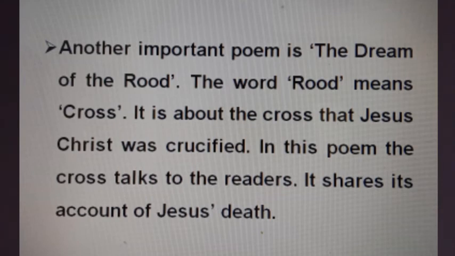In this poem, the cross is personified and really talks to the readers. The cross shares its account of Jesus' death. The cross was very close to Jesus, because Jesus was crucified on it, so the cross gives an account of how Jesus died.